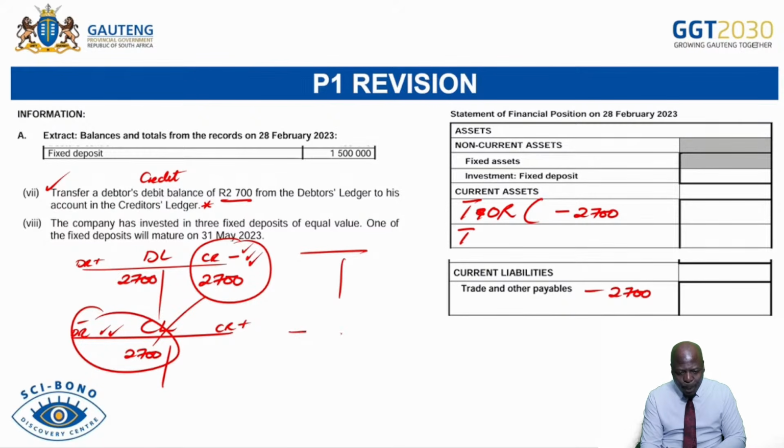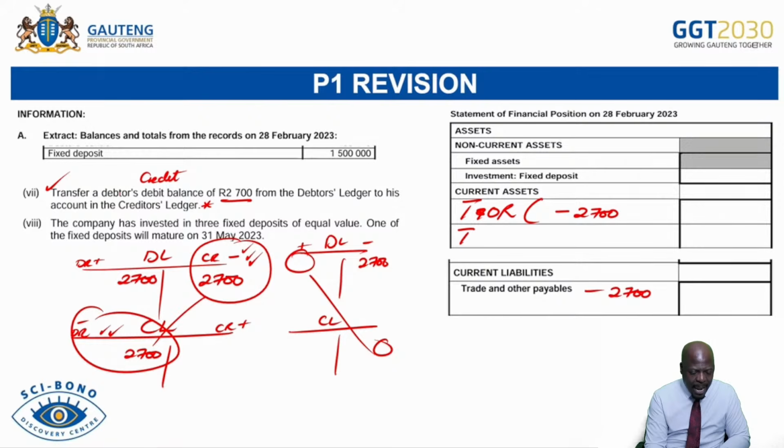You open your two accounts, debtors ledger and creditors ledger. Debit is a plus, credit is a minus. If the amount is here, you simply bring it here, and you bring it again there, to the creditors ledger. They can say transfer a creditor's balance with a debit balance.